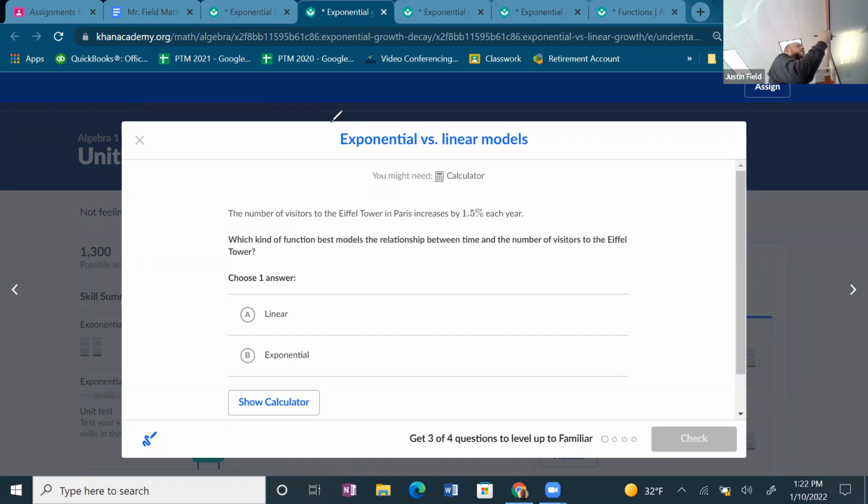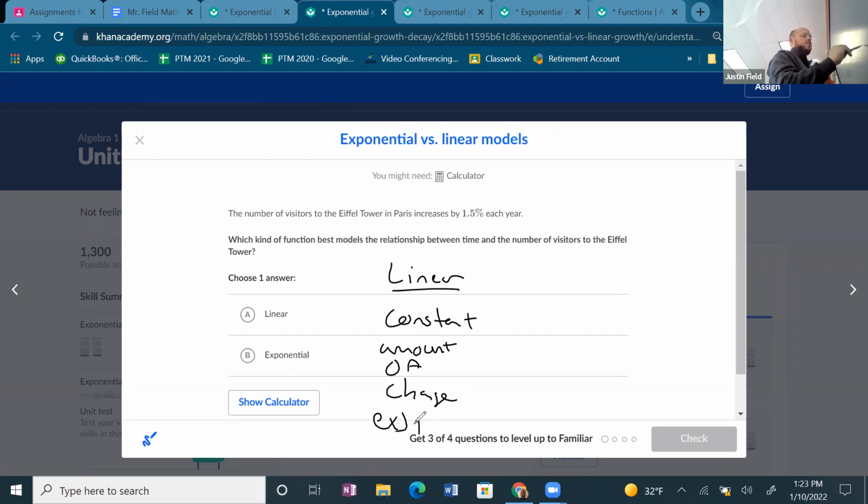Okay, let's write that down. Linear, constant amount of change. You know, example, plus 100 people. If the town is growing by 100 people each year, that's linear growth. That's a certain amount of people.